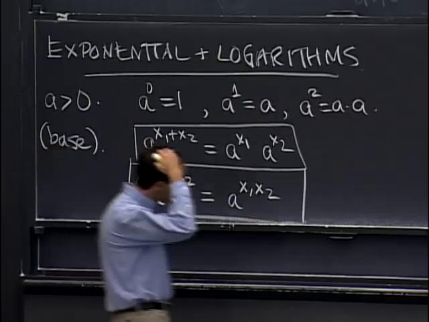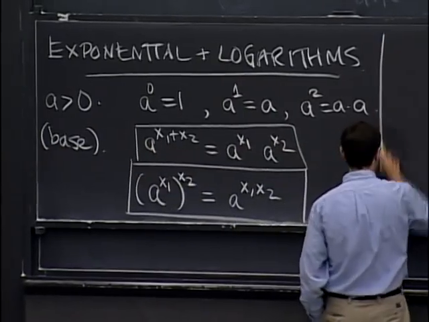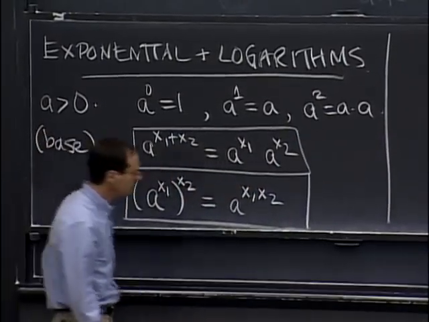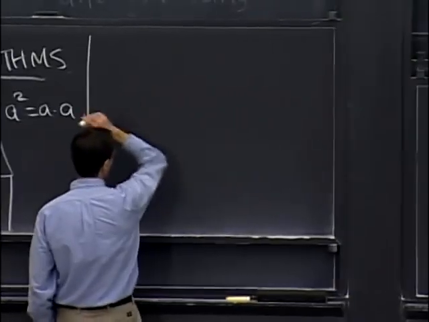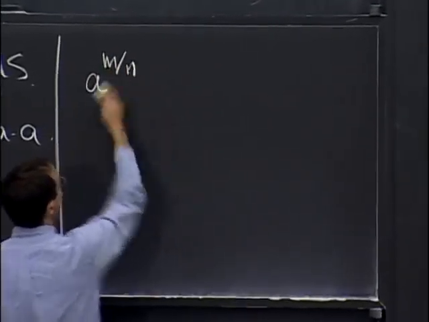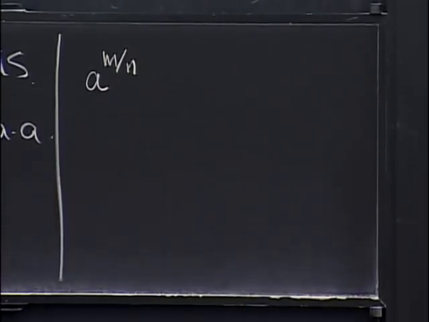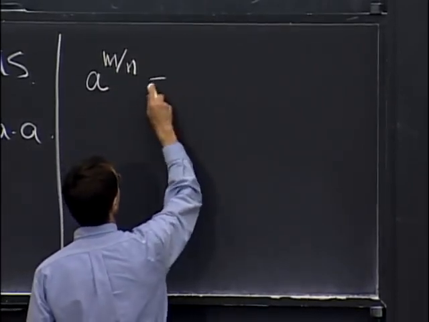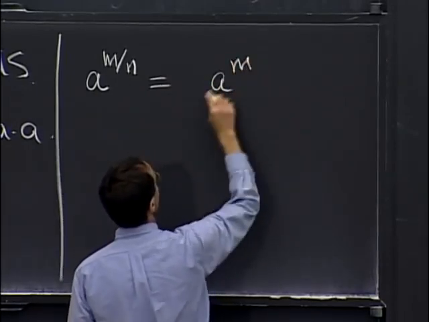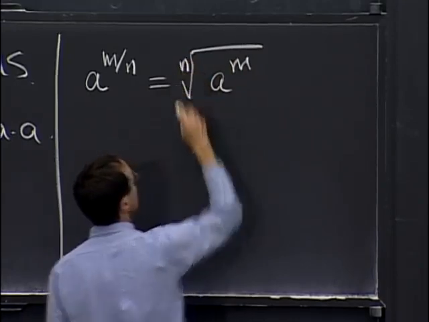Now, in order to understand what all the values of a to the x are, we need to first remember that if you're taking a rational power, that is the ratio of two integers power of a, that's going to be a to the m, and then we're going to have to take the nth root of that.